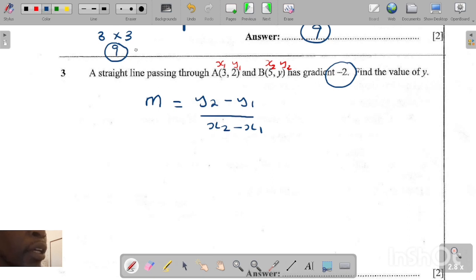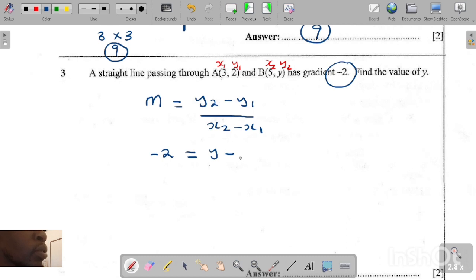Now, the gradient M, we have been given this one here, so we're going to replace M with -2, so we have -2 is equal to y2. Y2 is y, the one that we are looking for, so we have y minus y1.